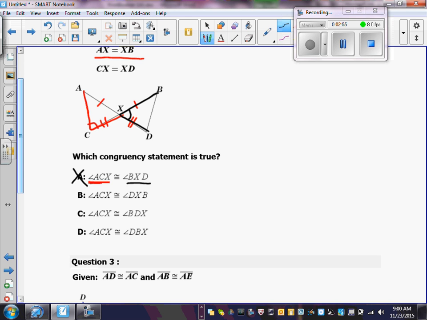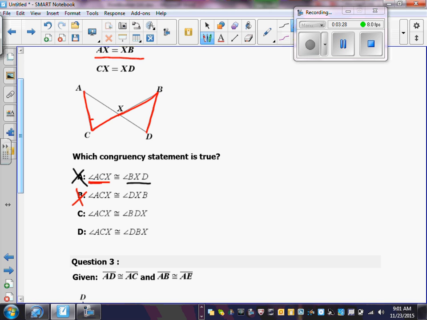The next one is, let me erase this one so that you can see the next one. It says ACX is congruent to DXB. Those are the ones they're saying are congruent. That's not true. So I'm looking at C, ACX is congruent to BDX.